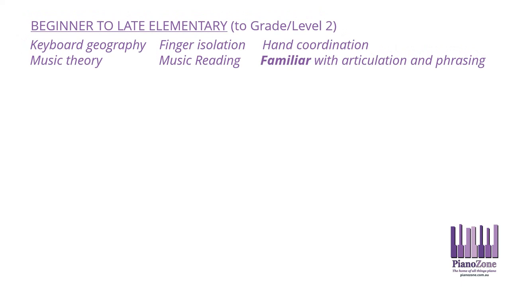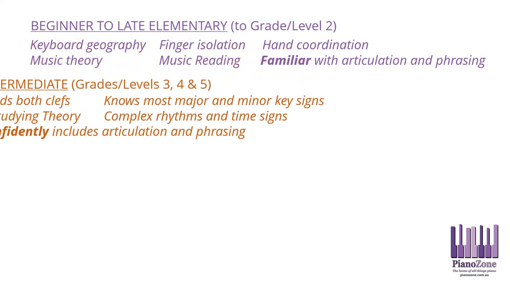But essentially, beginners through to late elementary are learning keyboard geography, finger isolation, hand coordination and reading. Familiarity with articulation, phrasing and basic theory is the focus. This means that while they may not have these completely under control, they can demonstrate that they are aware of these performance directions.